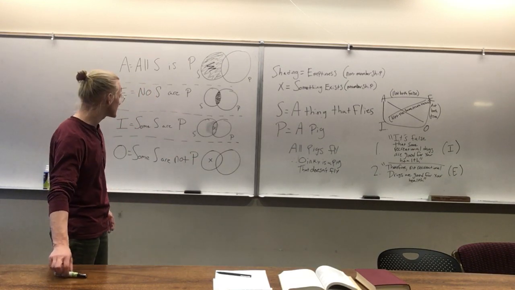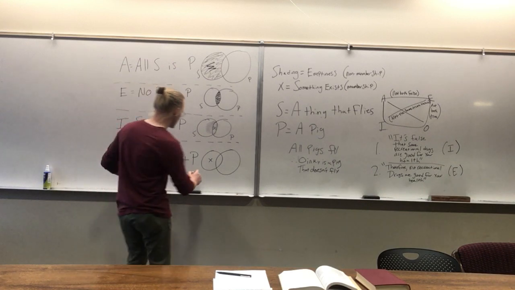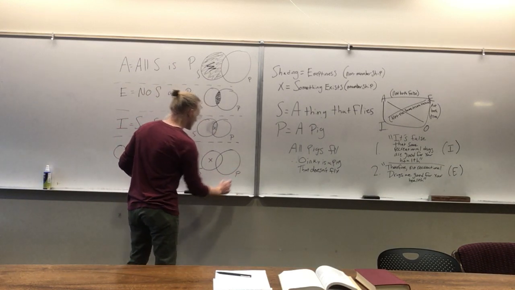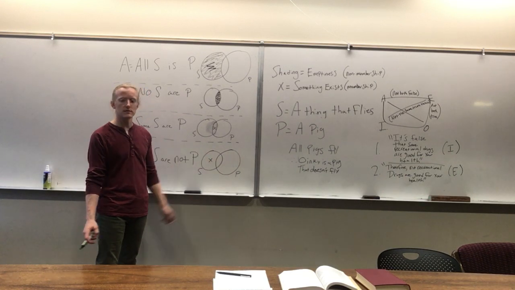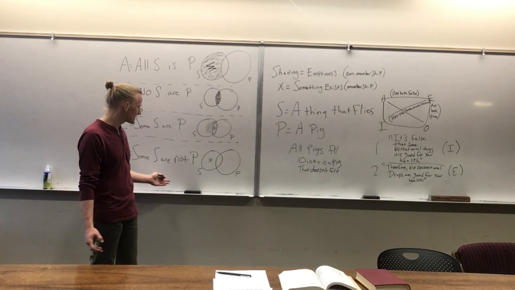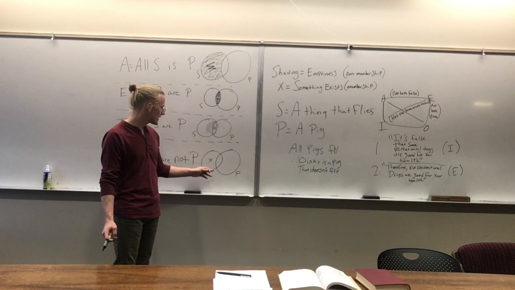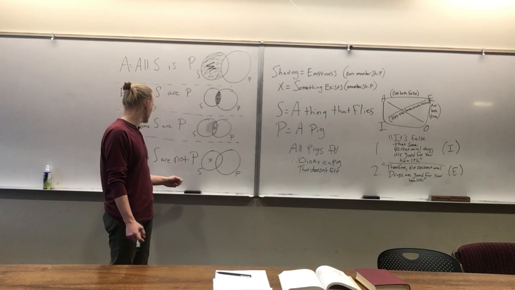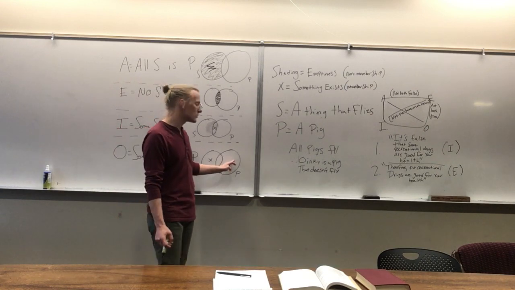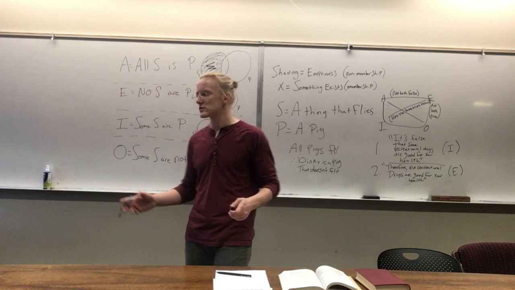So all we're saying is that there exists some S, there exists some things that fly that are not pigs. And we're not saying with this sentence that there are no pigs that fly, or that there are only pigs and nothing flies, or whatever.